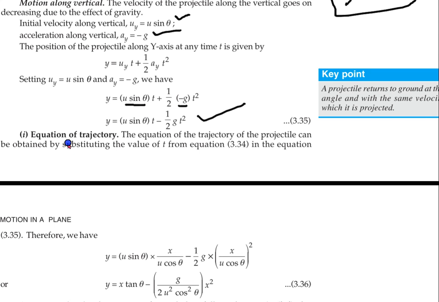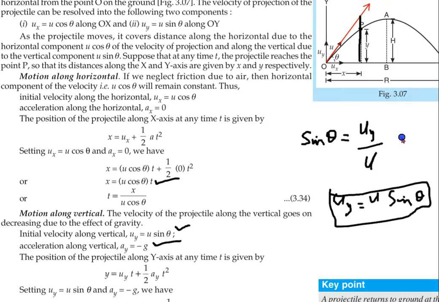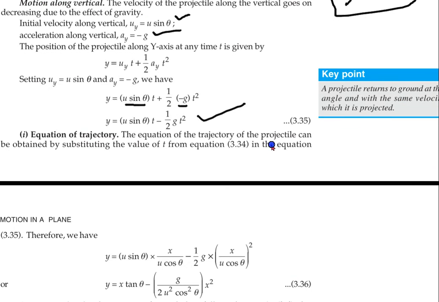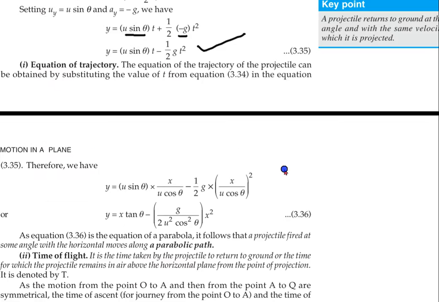Now the equation of trajectory. Trajectory means, as we have discussed, the path that these particles follow. So we want to find which path it follows.